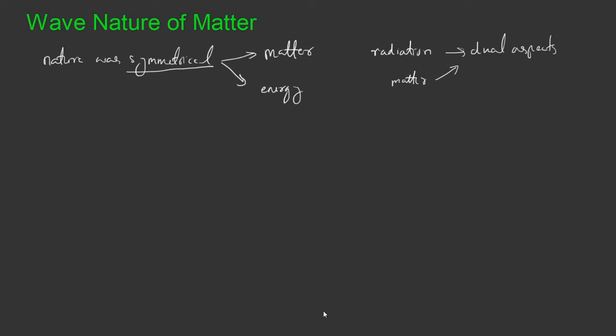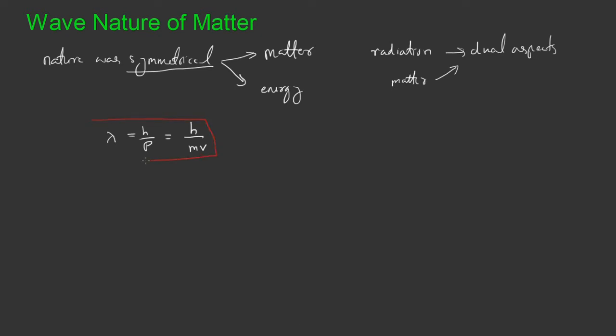In analogy with electromagnetic radiation, de Broglie proposed that the wavelength lambda associated with a particle of momentum p is given as lambda is equal to h by p, that is equal to h by mv, where m is the mass of the particle and v is its speed.